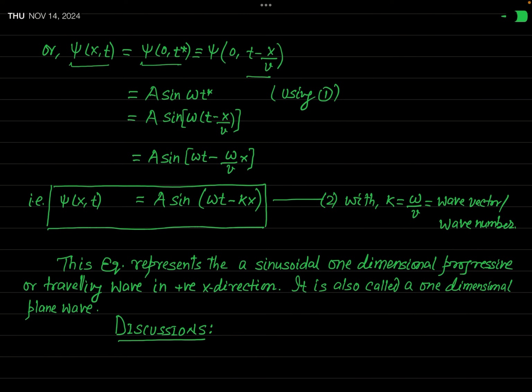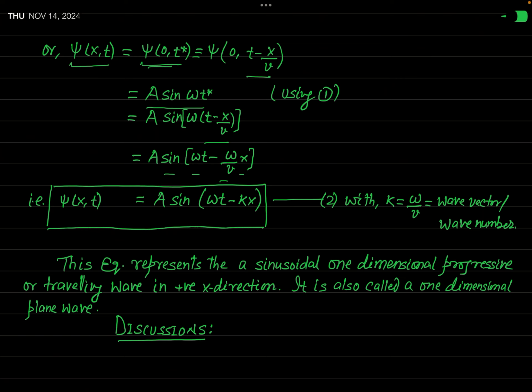So using that very equation, psi of 0,t star will be given by a sine omega t star, but t star is t minus x by v. So psi of x,t is given as A times sine of omega t minus omega over v times x.